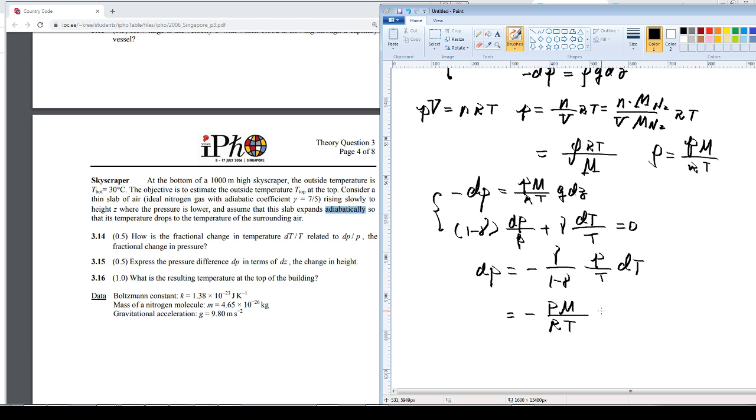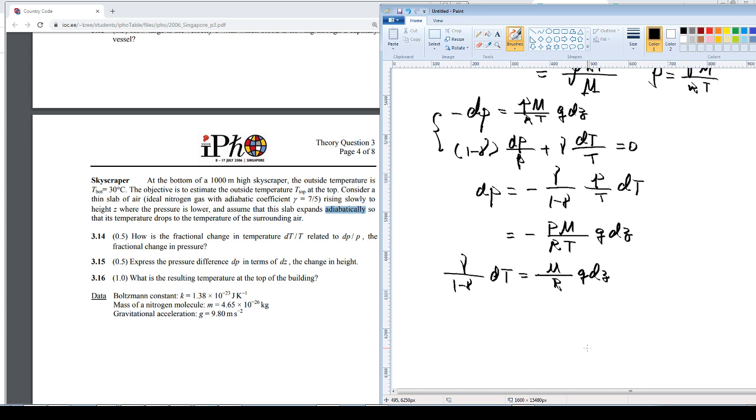So it's really a linear relationship. Okay, so we conclude that dT is equal to MR g dz. Yeah, that's good because 1 minus gamma is a negative number. So as z increases, T will decrease.